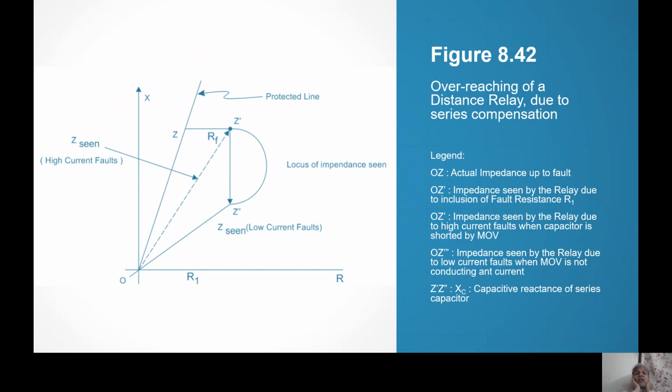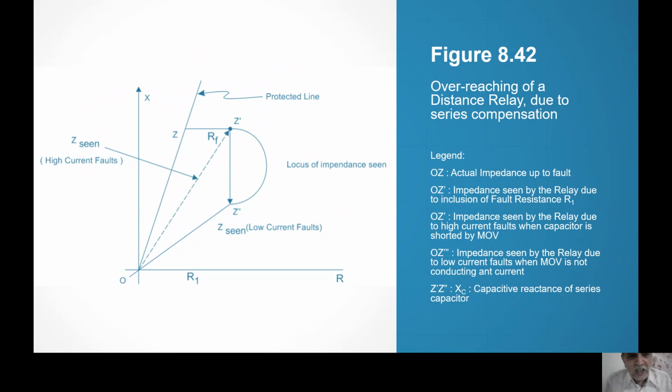If the fault current is not that very low, it can be in between, then the impedance will lie on that half circle, that semicircle. But you do not know how much current is going to pass through capacitor and how much through MOV, because the value of the current is not known to you.